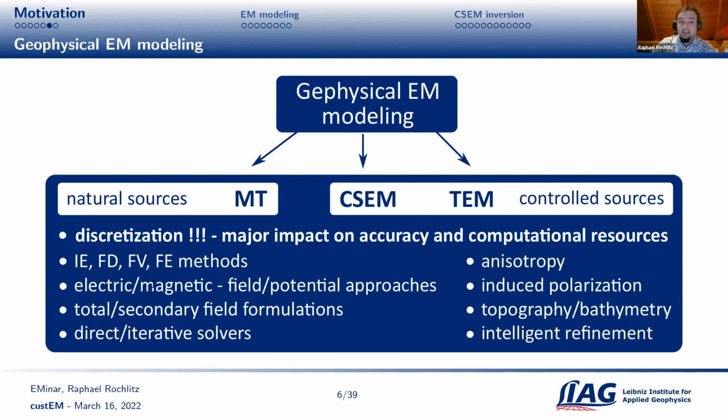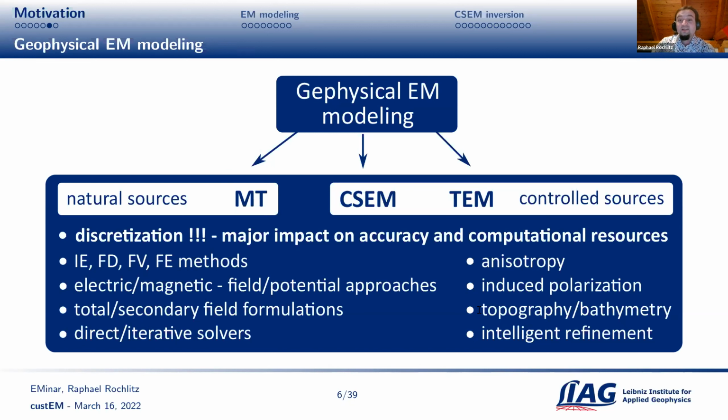We need some kind of electric, magnetic, or potential field formulation of the Maxwell's equations. We can either go for total field formulations, which are more favorable for these topographic variation models, or we can go for secondary field formulations, which are clearly favorable for the flat surface models. We can use direct and iterative solvers to solve our resulting linear systems of equations.